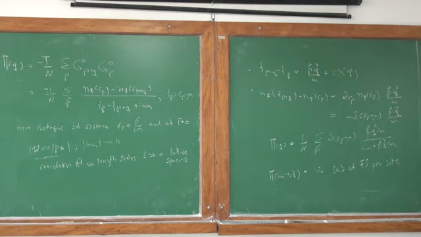Okay, so if we now use this and plug this into our expression for the vertex function, I don't know if I call it plus minus or up down. Probably I call it plus minus.